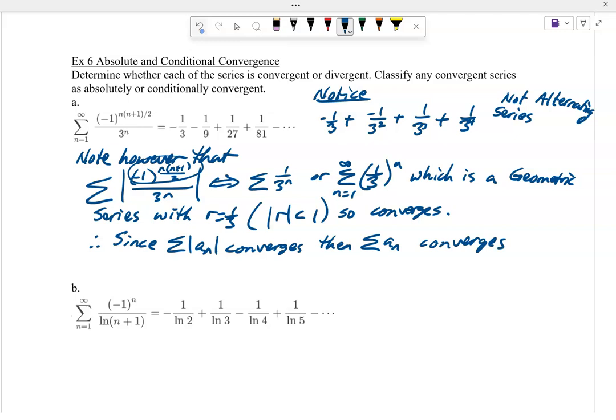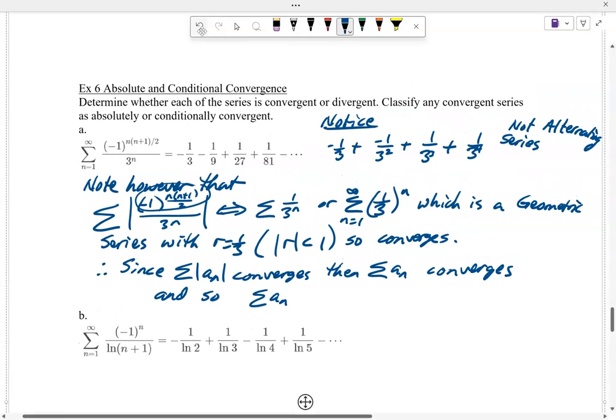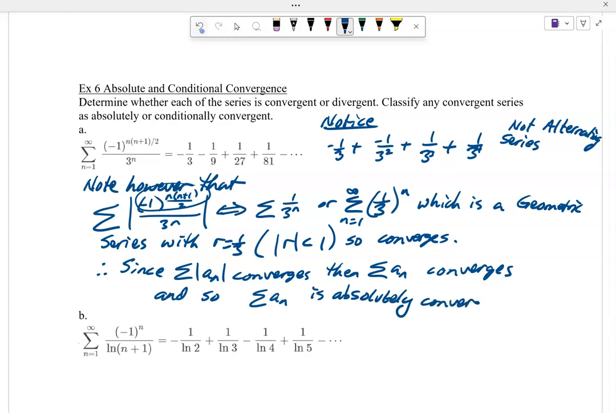Remember, the converse is not true though, but this is true. If the absolute value converges, the original will also converge. And so if they both converge, this is absolutely convergent.